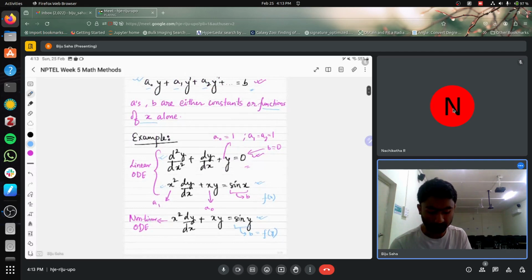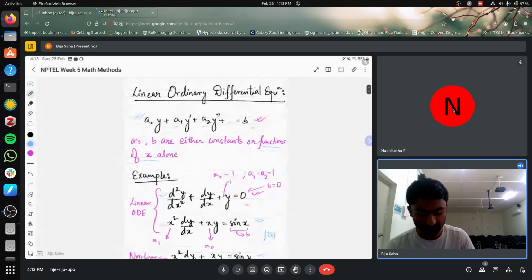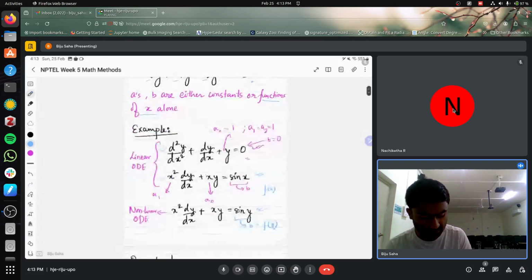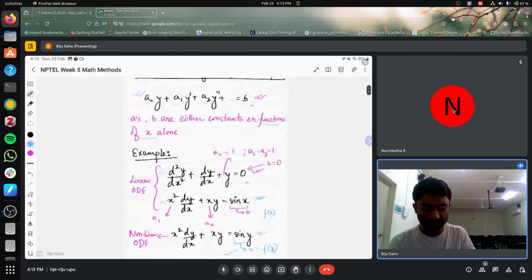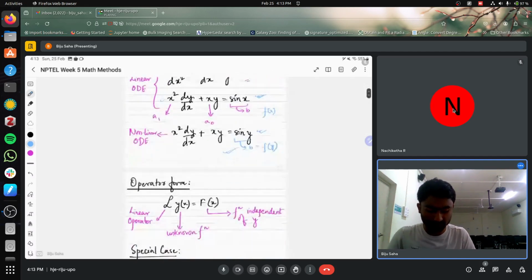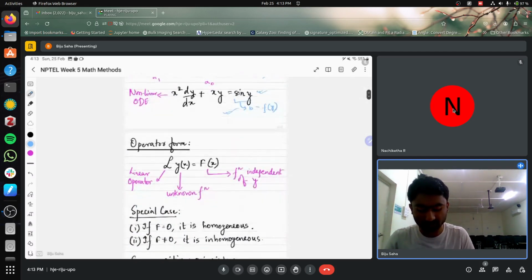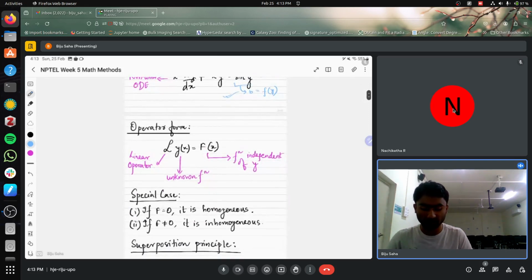Since the right hand side is a function of the dependent variable, we conclude that it is not a linear differential equation. But in the previous problem, my right hand side was a function of x, my independent variable, so it was a linear differential equation. This particular example is non-linear.